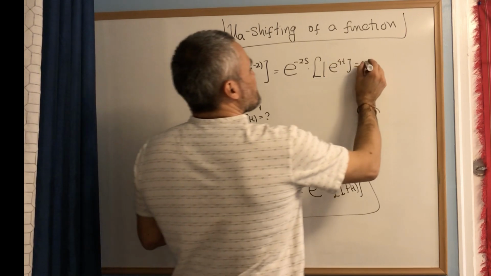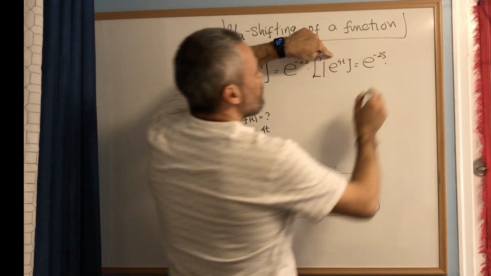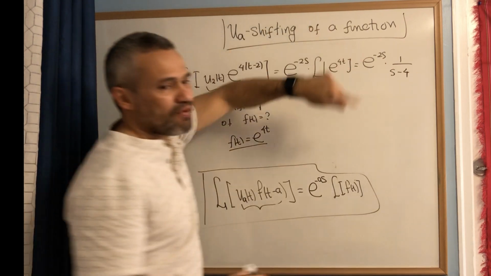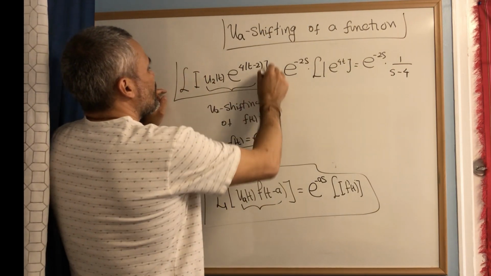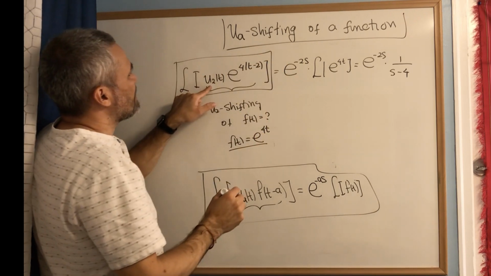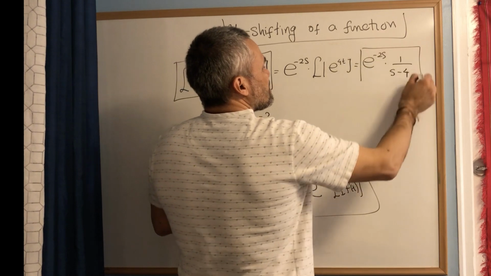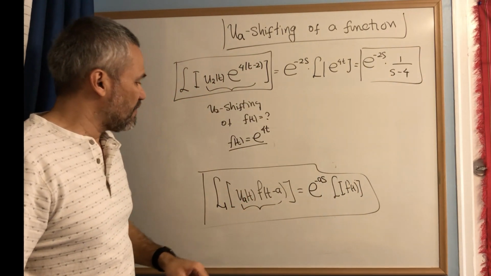And that means that this is e to the negative 2s, and the Laplace transform of e to the 4t is 1 over s minus 4. Then we have computed the Laplace transform of this function that involves a Heaviside function, using this formula. This formula is going to be very important.